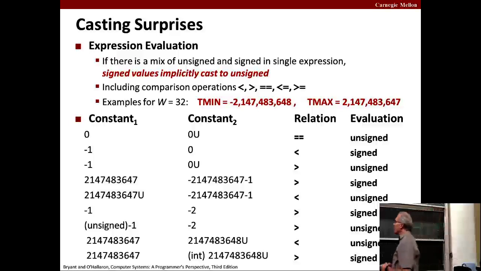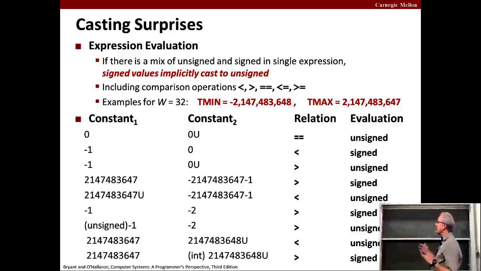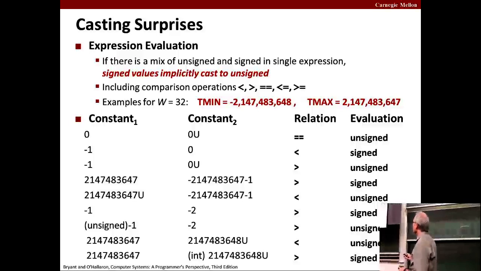And so, in particular, this set of examples is, imagine I'm comparing these. I'm saying these numbers are either equal, less, or greater. What will the outcomes be? The key to answering that question is to first figure out, is it a signed or an unsigned comparison? Should I convert one of these numbers to an unsigned form before I do it?